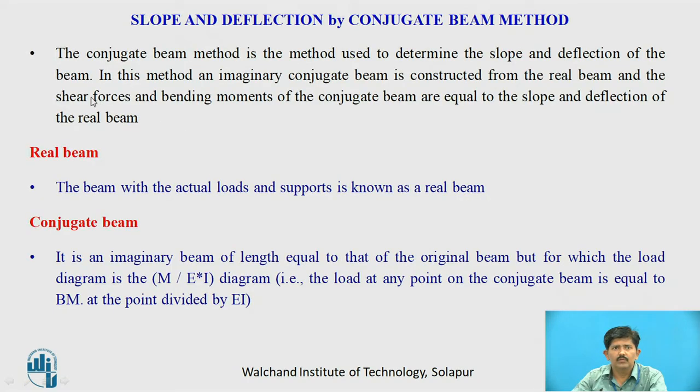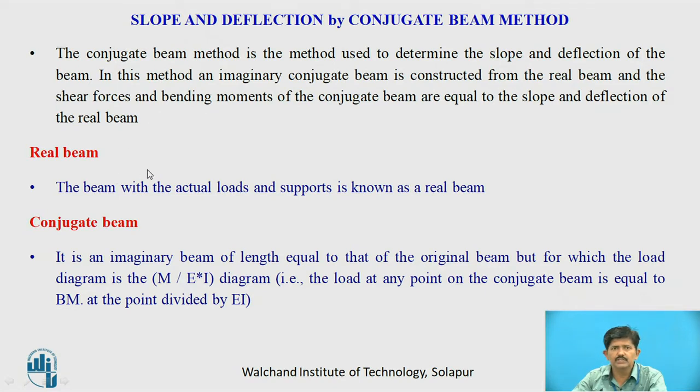Now, the conjugate beam method is the method used to determine the slope and deflection of the beam. In this method, an imaginary conjugate beam is constructed from the real beam, and the shear force and bending moment of the conjugate beam are equal to the slope and deflection of the real beam. So, what is a real beam?